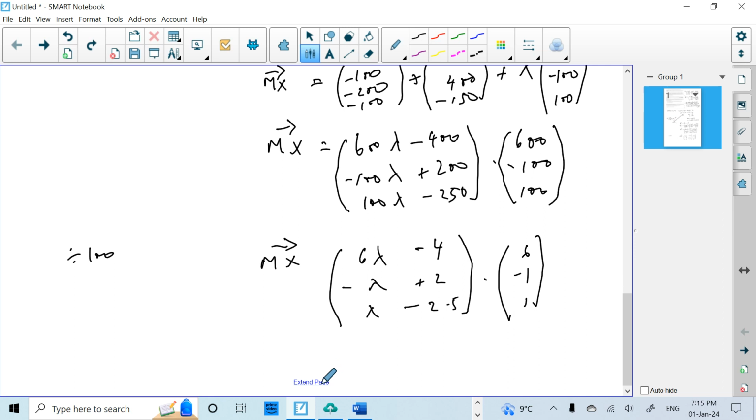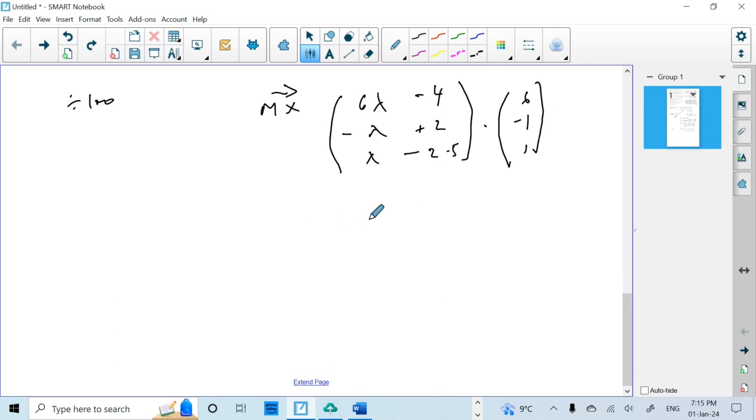You can go to your calculators, of course, but this gives me 36 lambda minus 24 plus lambda minus 2 plus lambda minus 2.5 equals 0.